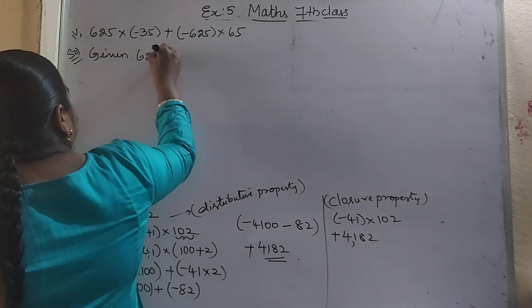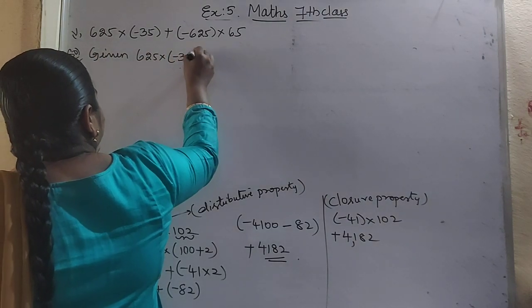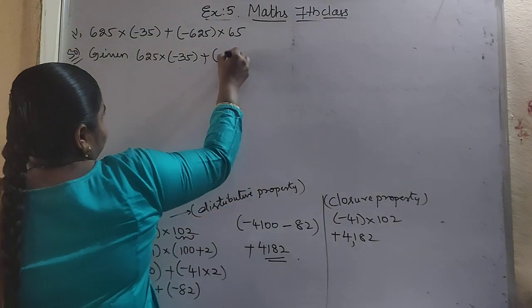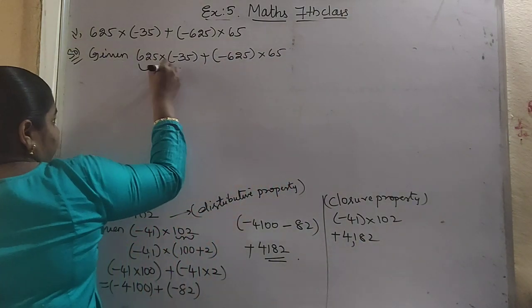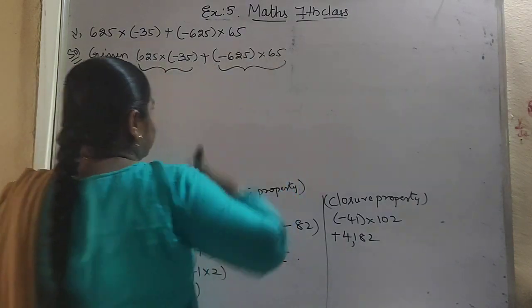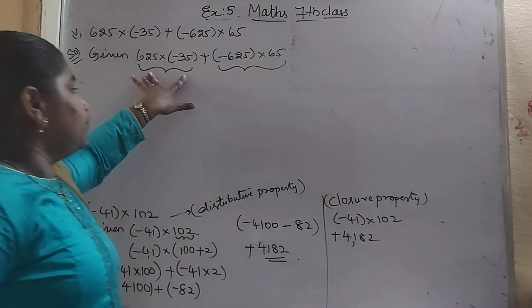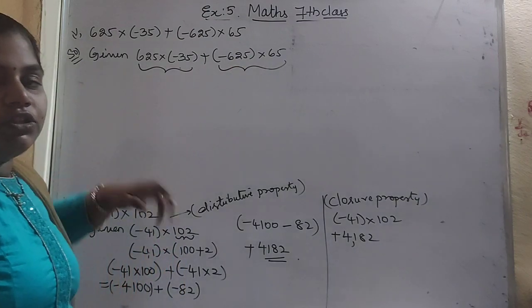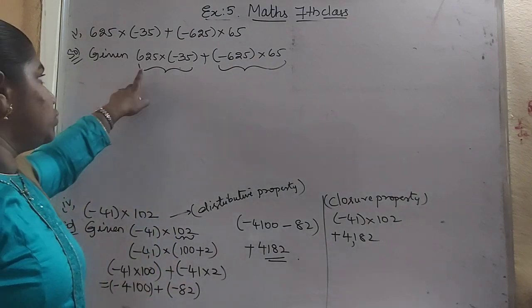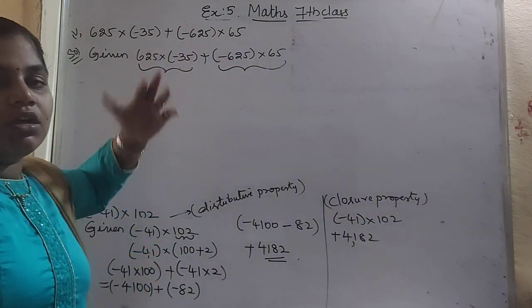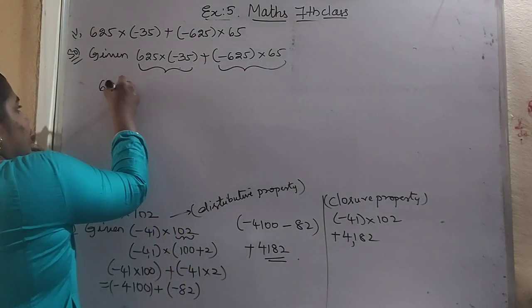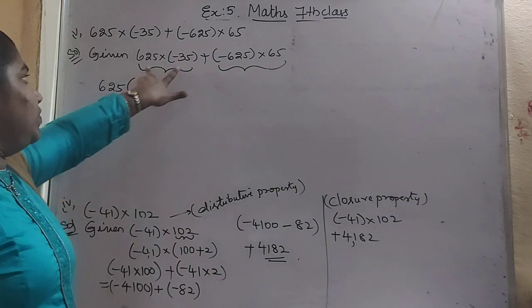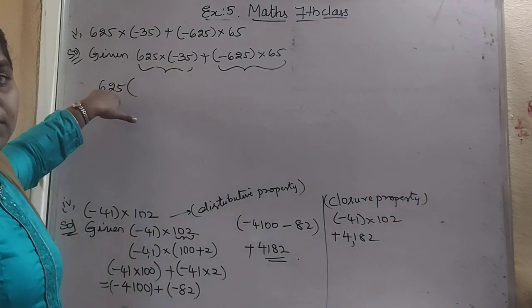Given 625 into minus 35 plus minus 625 into 65. If you take these two terms, this is the first term, this is the second term. Which number are you seeing common here? 625 is common in both the terms. So I am taking out 625 as common.